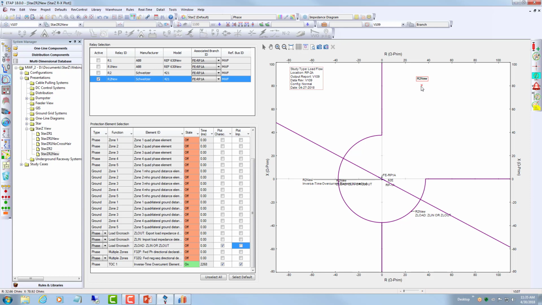These rare conditions can also be avoided by increasing the pickup, but that's going to reduce the sensitivity. So we need to strike a balance between how sensitive we want our phase overcurrent protection to be, while making sure it doesn't trip for the overvoltage in the system.